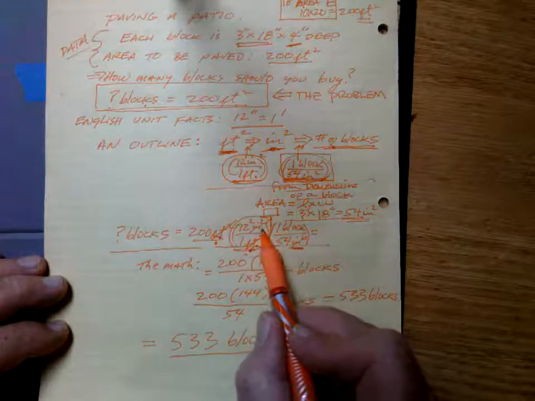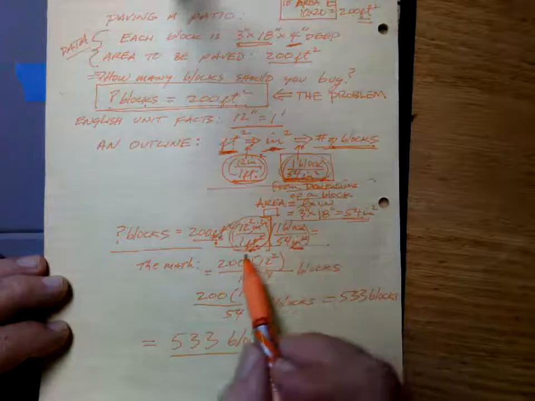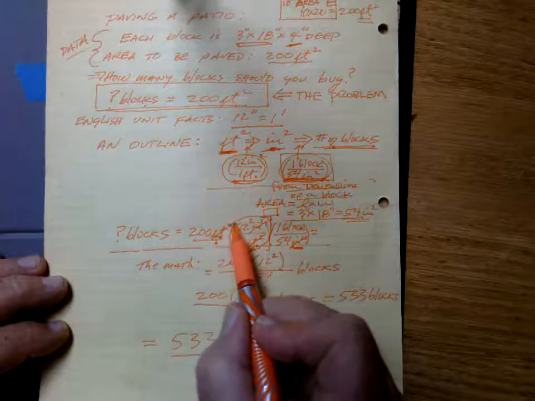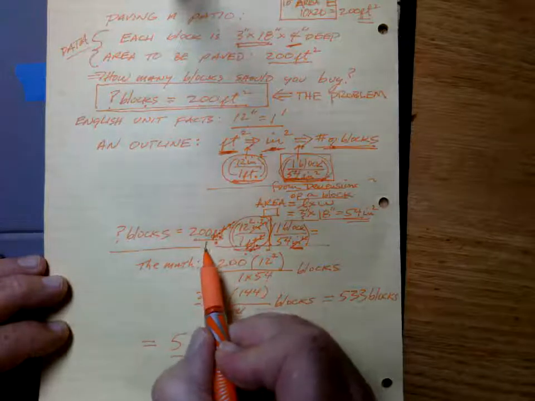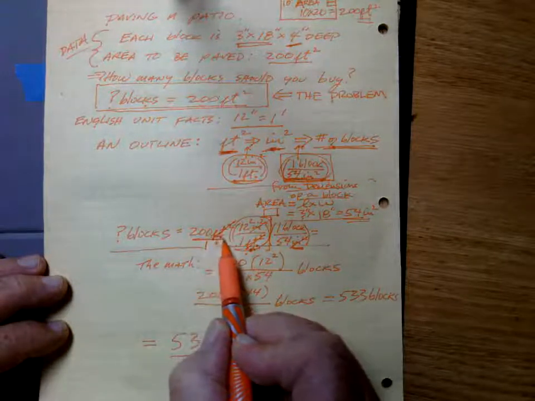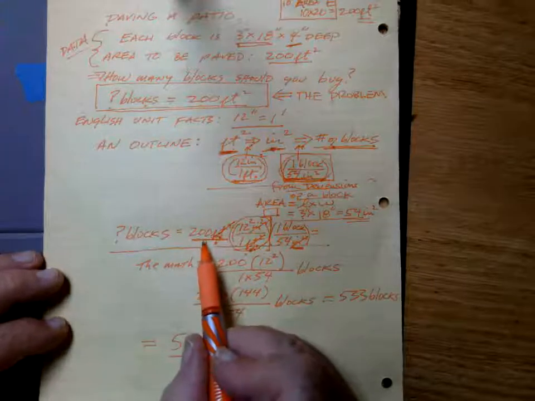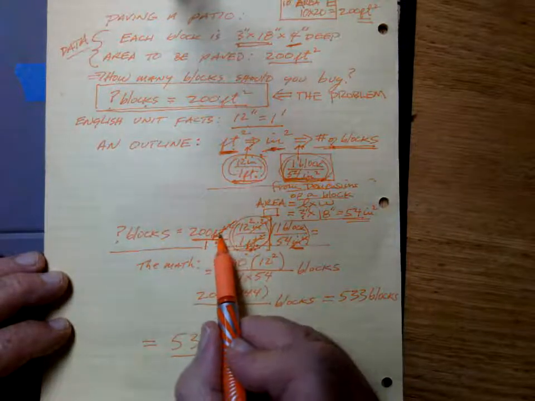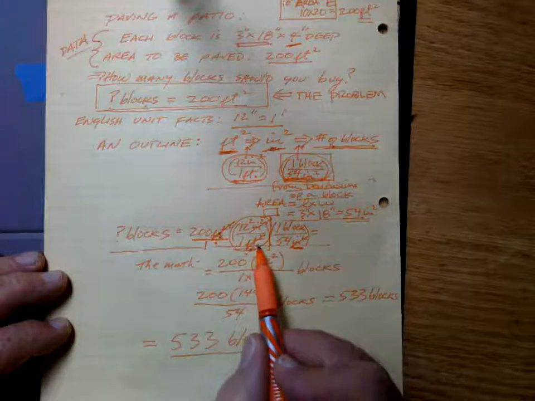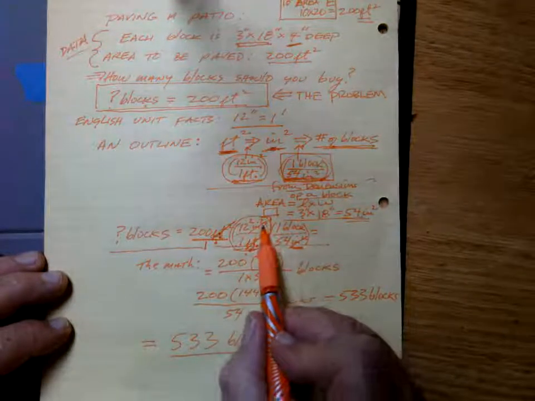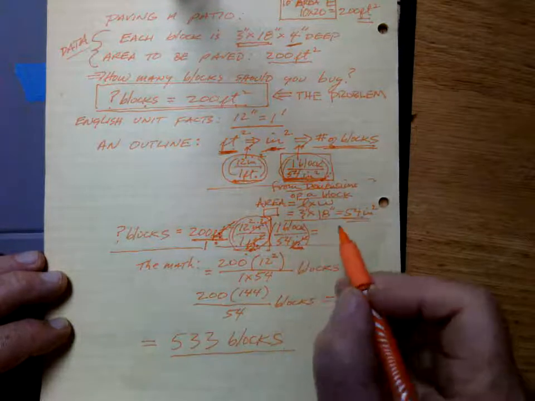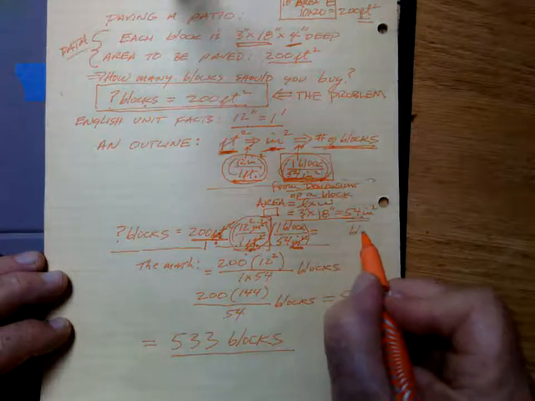The units cancel: square inches, square feet, cancel square feet. Remember, you've got to have one at the top of a fraction, and also remember that you could put a 1 underneath the 200. That square feet up here cancels the square feet down here. Same thing here. And the units that you're left with are blocks.